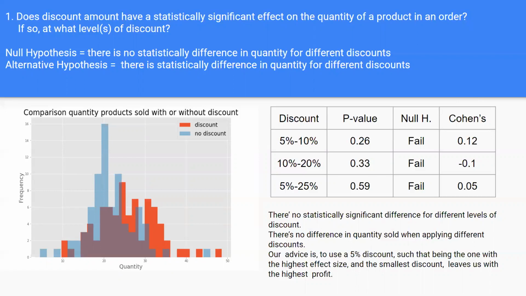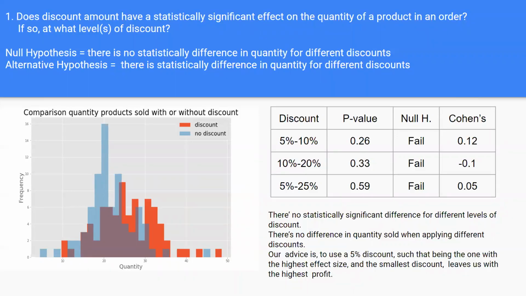As we can see from our table, we compare some different discounts, for example 5% discount and 10% discount. And we failed to reject our null hypothesis in all the cases, because our p-value is greater than 0.05.